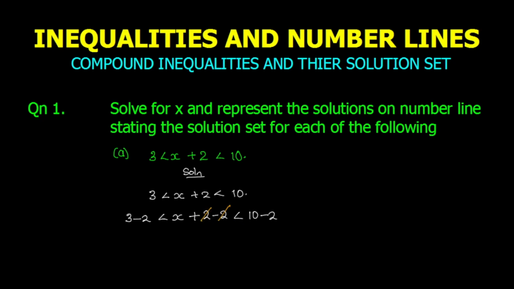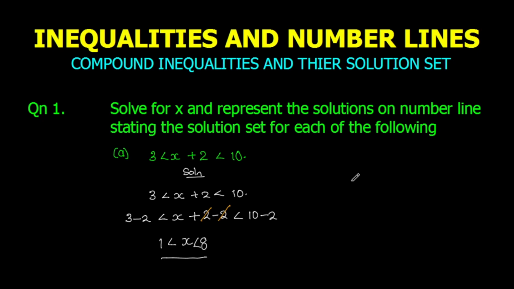That is why I prefer the second approach, which I'm going to show you. Now 3 minus 2 is 1, so 1 is less than x. And then 10 minus 2 is 8. The good thing with this method is that as soon as you finish this working, you're ready with your solution exactly.